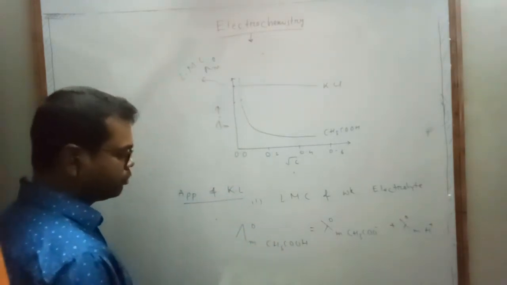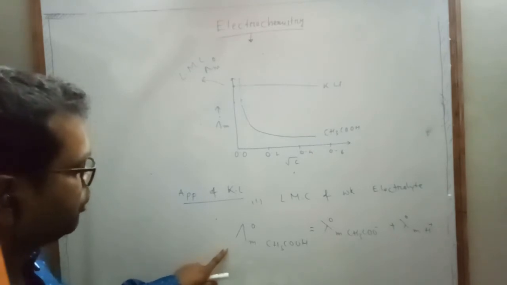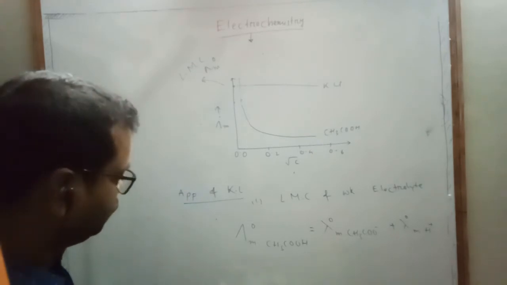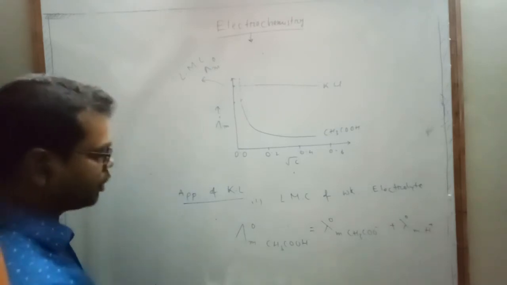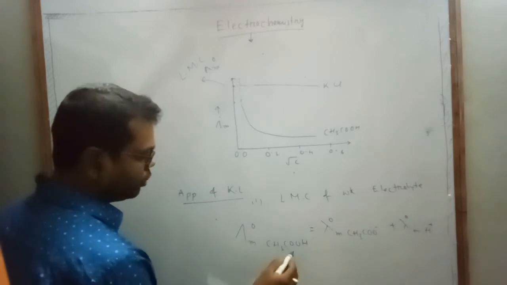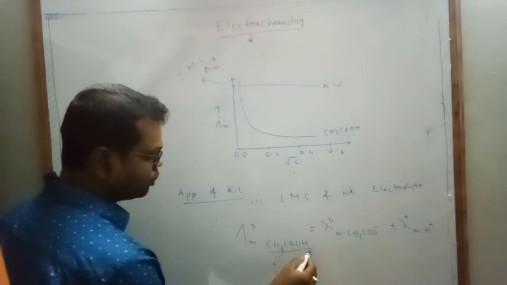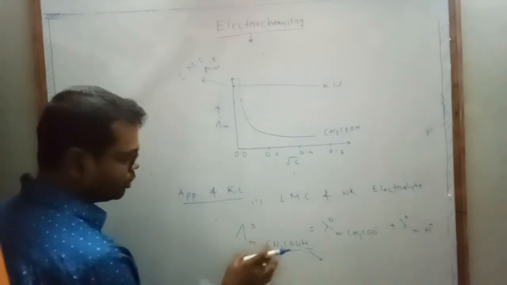Now, how are we going to get the molar conductivity of the weak electrolyte? You see, this weak electrolyte can be made from a combination of three strong electrolytes.